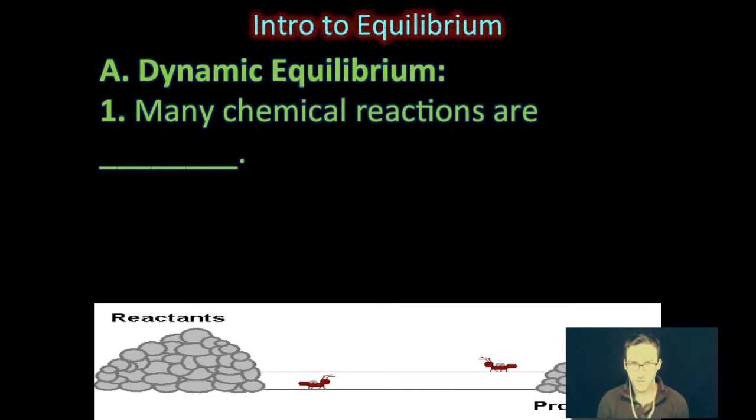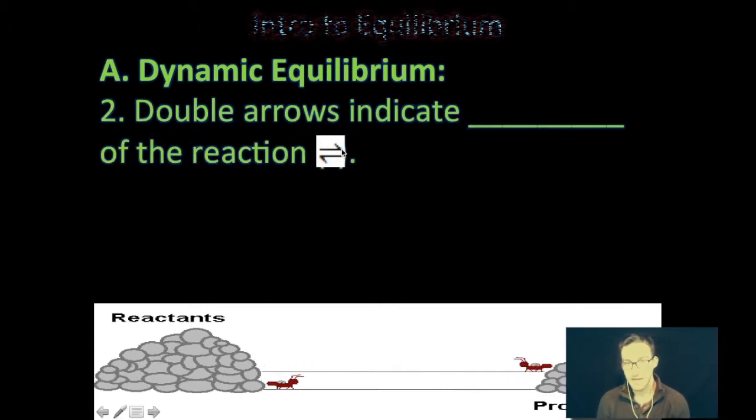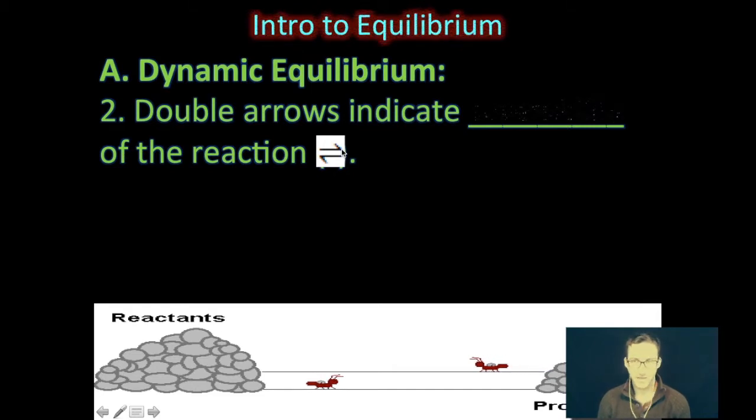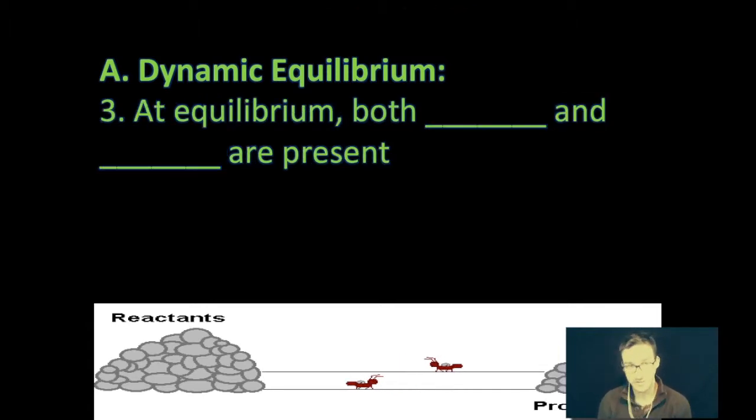So first things first, just some quick terminology here. When we talk about equilibrium, it's this sort of dynamic state in which we have to recognize that the reaction is happening not only in the forward direction, but also in the reverse direction. To indicate that dynamic forward and reverse process, we are going to use a double-headed arrow to indicate the reversibility of the reaction.